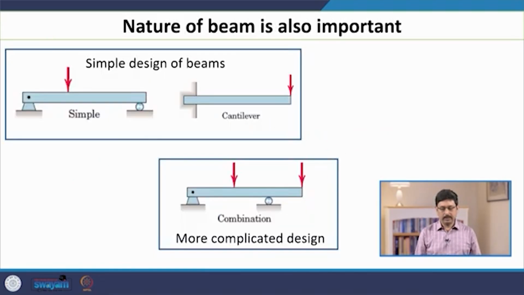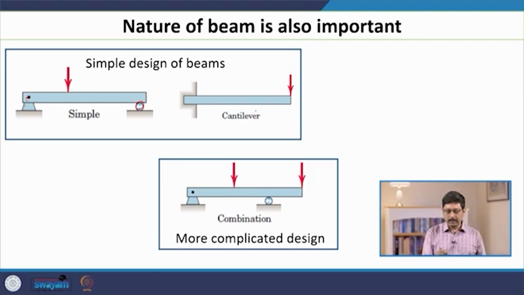One more thing is that when we look at situations of distributed force, we found that there are different designs of support. Similarly, that is also true if you have a beam. For example, this is a beam where one end is a pin joint and the other end is a roller, so it is supported at both ends.